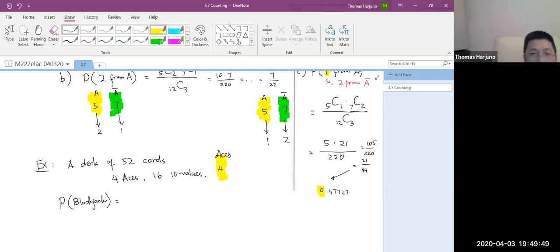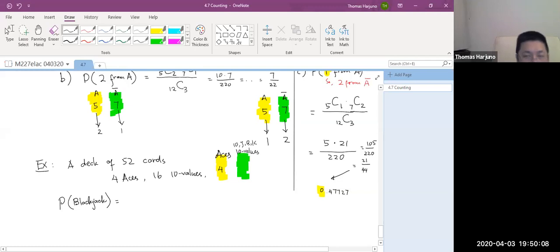We have 16 10-value cards: the 10, Jack, Queen, King for each one of the 4 suits, so a total of 16 cards with 10 value.